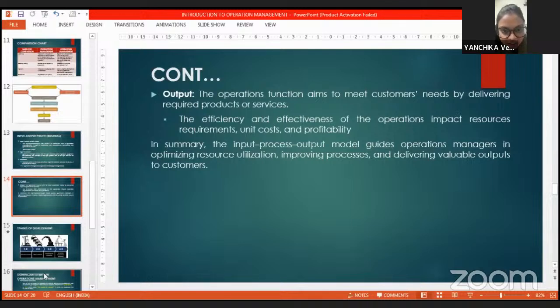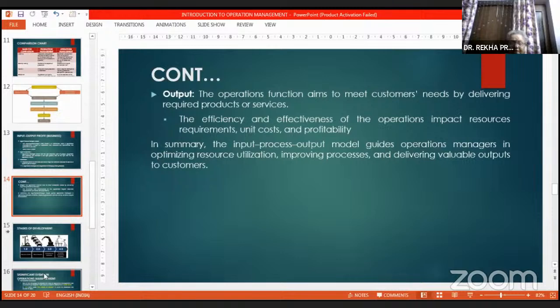The efficiency and effectiveness of the operation impact resource requirements, unit cost and profitability. In summary, the input process output model guides operation managers in optimizing resource utilization, improving processes, and delivering valuable output to customers. So you see here the words efficiency and effectiveness.